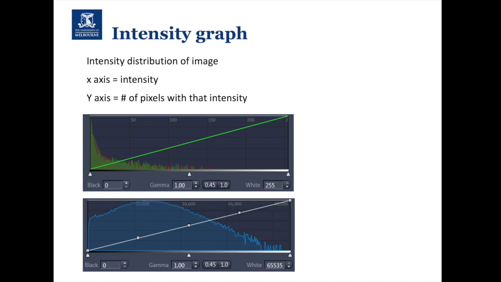The one below is going from 0 to 65,000. That's a 16-bit image. On the y-axis, we're looking at the number of pixels with that intensity. Over here is the lower end, the black background within your image, and the further we stretch out up here, these are the brighter sections within your image.